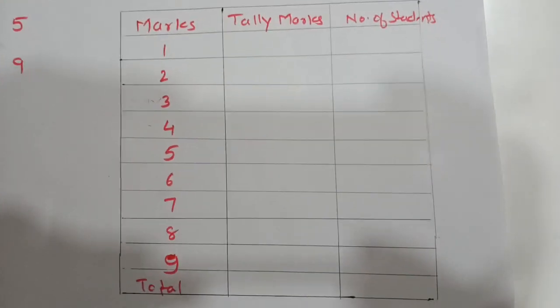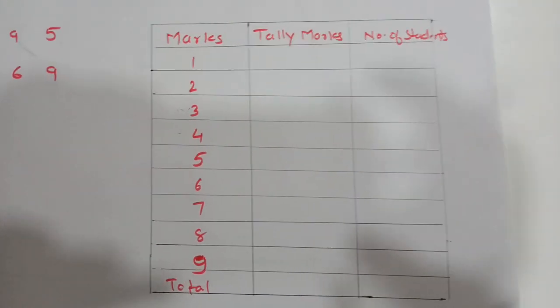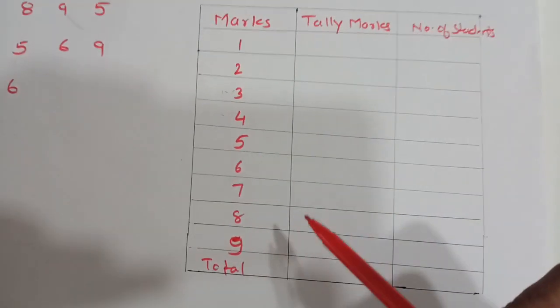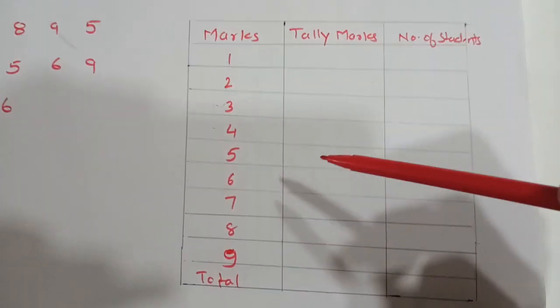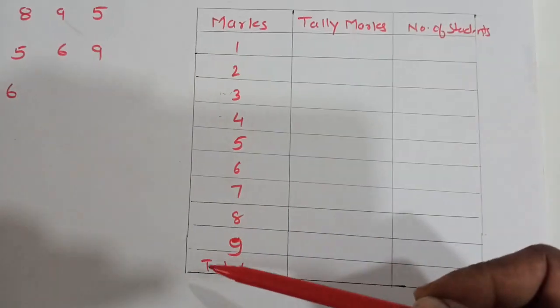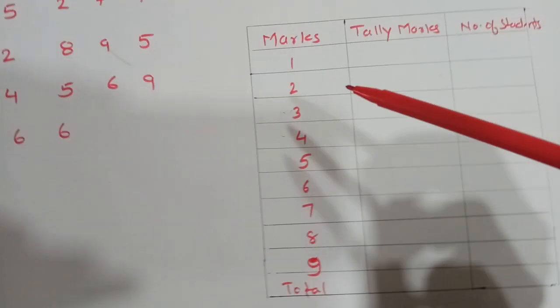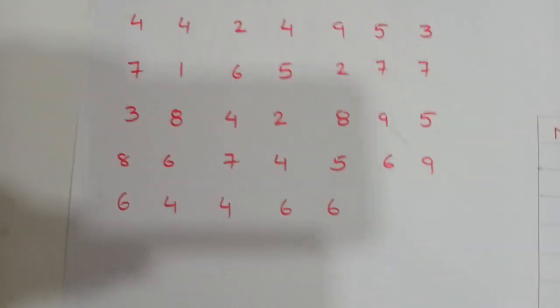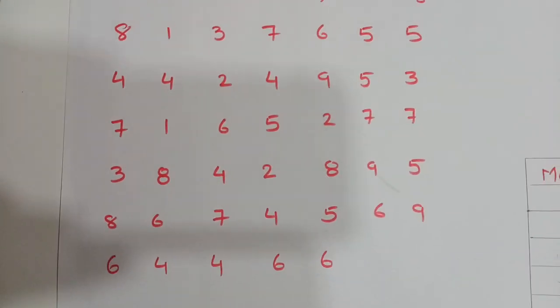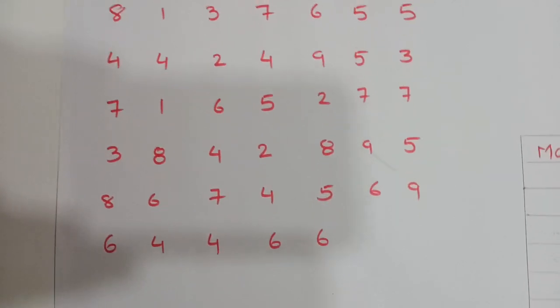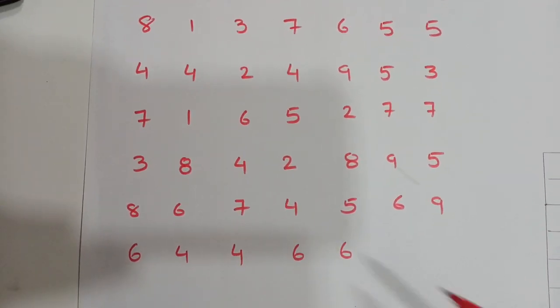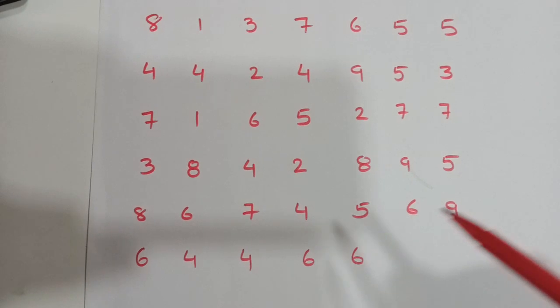Okay, so moving ahead, what I have done is I have created a table where I have marked 3 different columns. The first one is the total marks obtained by the students. I have written all the numbers from 1 to 9 here, because these are the marks obtained by the students. We have all the numbers right from 1 all the way till 9.